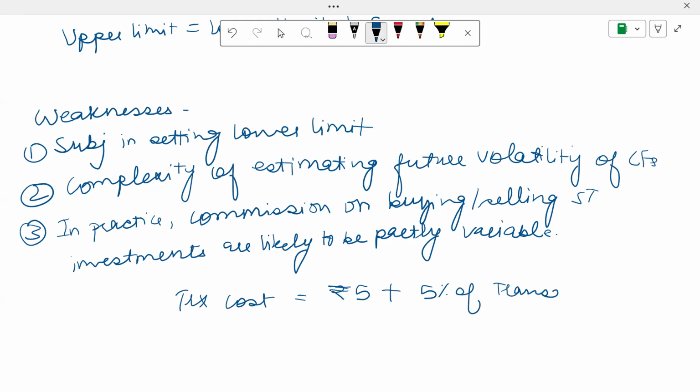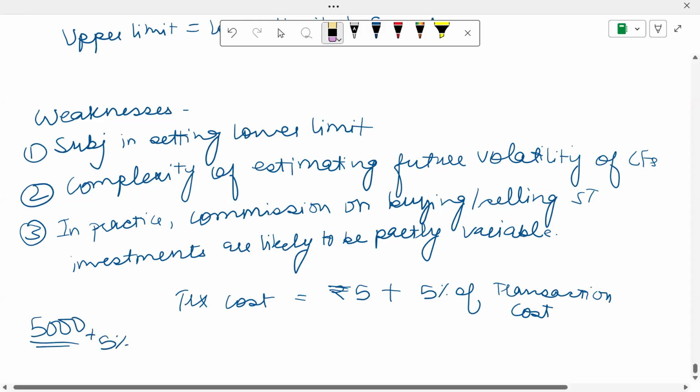So let's suppose you are buying shares of 5,000 rupees. On that 5,000, 5% will be added to your transaction cost. So 5,000 is the value; I multiply that by 5%. 5% basically gives you 250, plus 5.